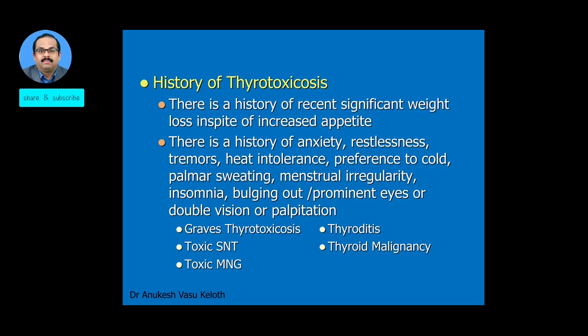So you can have a toxic multinodular goiter, a toxic solitary nodular thyroid, Graves' thyrotoxicosis. You can have the toxic phase of thyroiditis. You can have a thyroid malignancy presenting as thyrotoxicosis, which is usually seen in 2% of cases. So this is one way of saying it. Whichever symptom is there, you need to mention only them, and the others that are not there can be mentioned as absent.